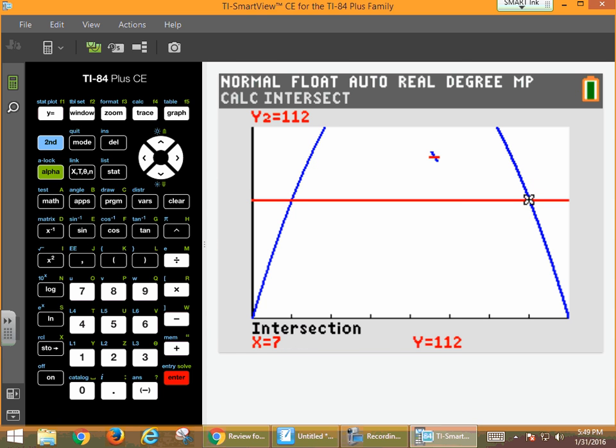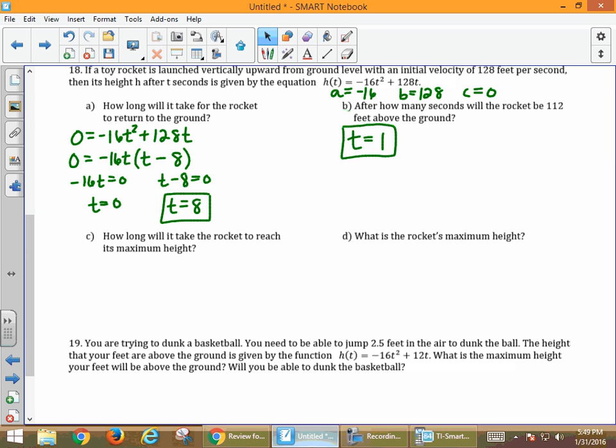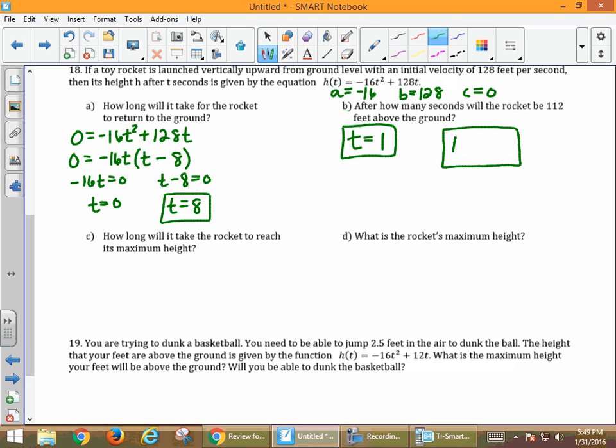And you can see that x equals 7. So my other time would be t equals 7 seconds.